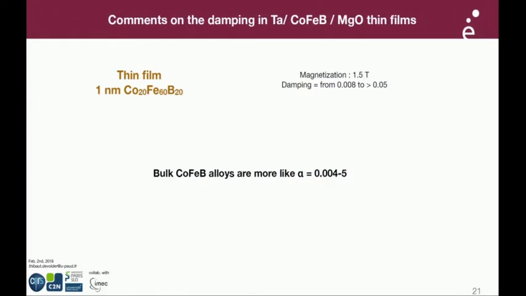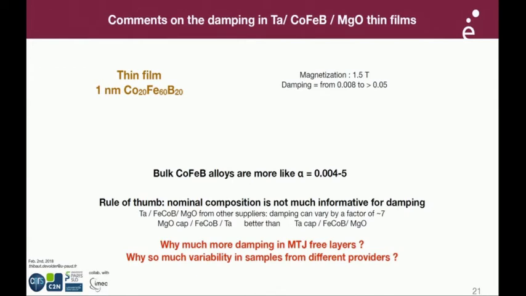In practice, we work with thin films, and they have damping that is substantially larger than the bulk counterparts for the same compositions. So that's one first statement. And the second statement is that when you receive a sample, the nominal composition of the sample doesn't really tell you what damping you will have.